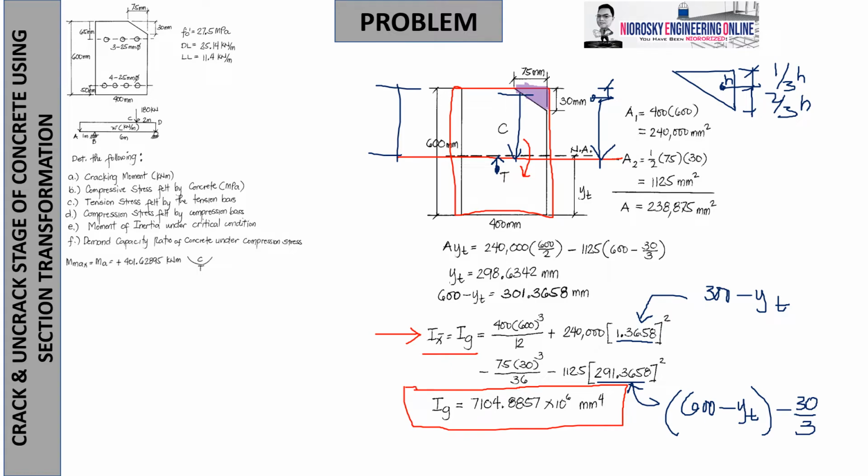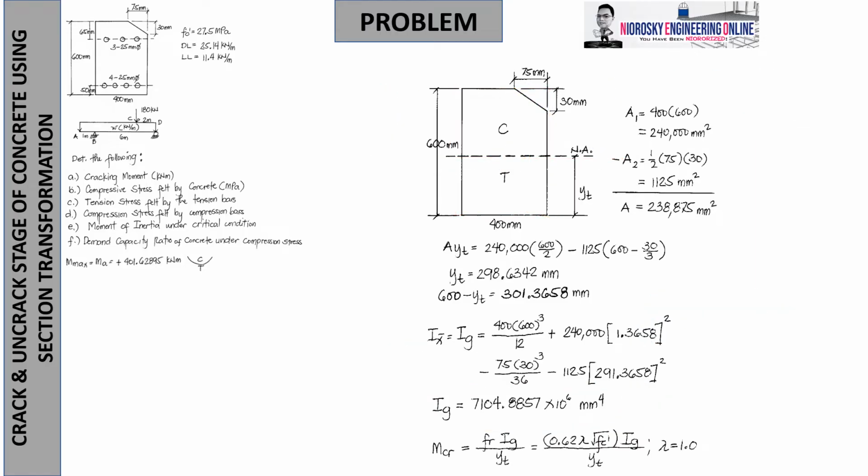Now, after obtaining I sub g, or the gross moment of inertia, we are ready to calculate the cracking moment. M sub cr is equal to f_r I_g over y_t, where f_r, or the modulus of rupture, is taken as 0.62 lambda times the square root of f_c prime.